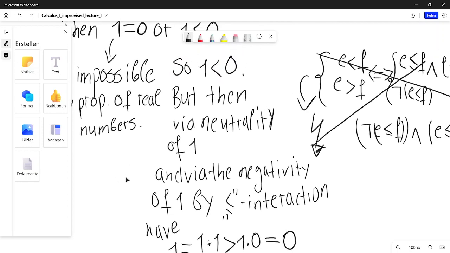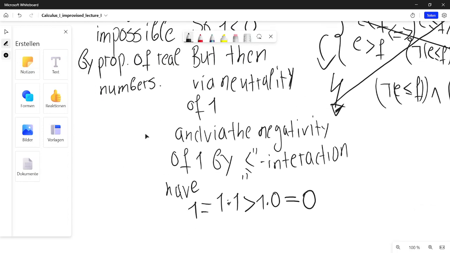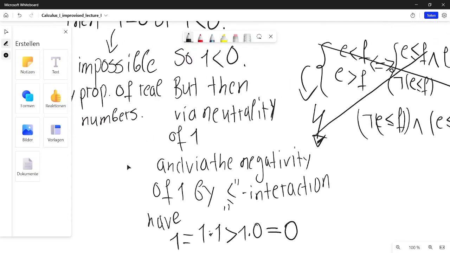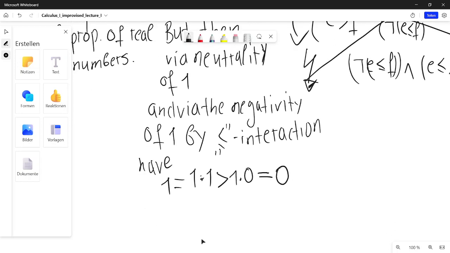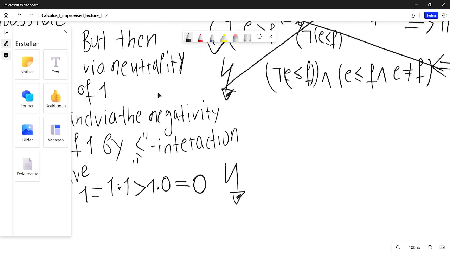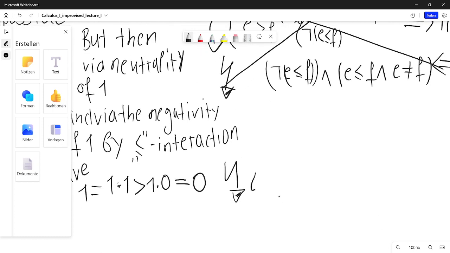Alright, so typical lecture attitude. Okay, but well, why? We now have that 1 is actually bigger than 0, and that is a contradiction to the assumed 1 smaller than 0.